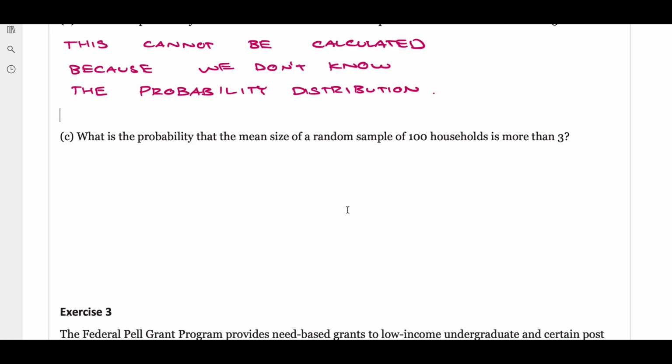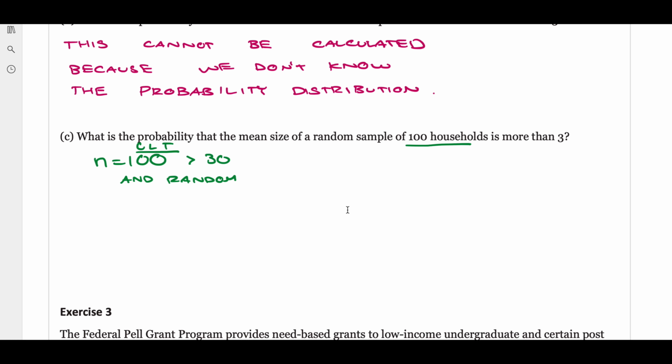Question C, we know the sample is random and we took 100 households. So we have a sample now of 100 households, which is greater than 30, and it's random. So that means that the central limit theorem, the CLT, can be used to calculate this probability.